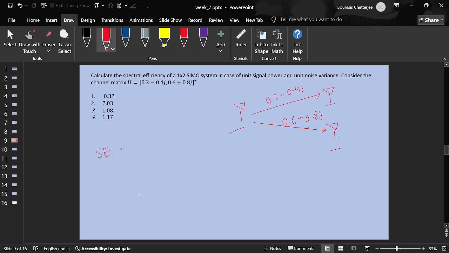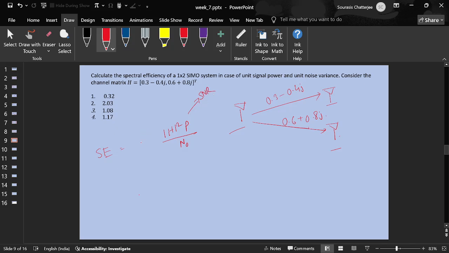First of all, what is the expression of spectral efficiency? Okay, you are saying H square into P over N naught. Okay, and is it the SNR or the spectral efficiency, this one? Yes, this is SNR. Correct.